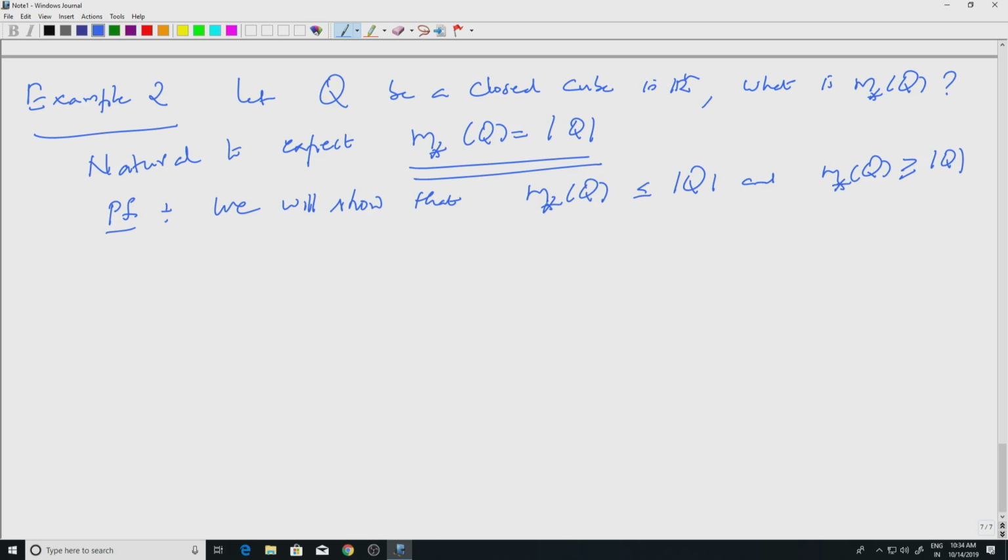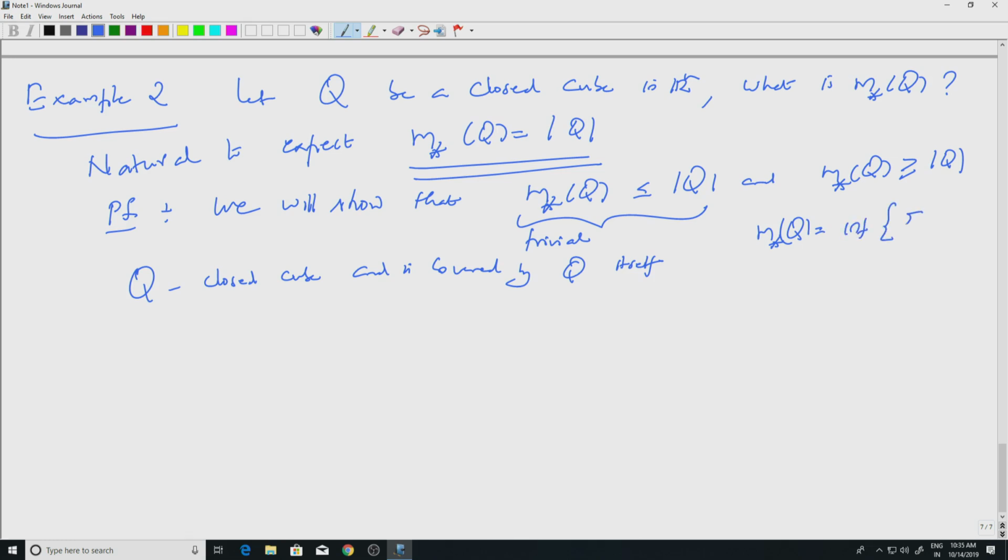One of them should be trivial. Why? Because Q is a closed cube and is covered by Q itself. Recall that m star of Q is the infimum of summation mod Qj, where Q is contained in the union of Qj, closed cubes and so on.